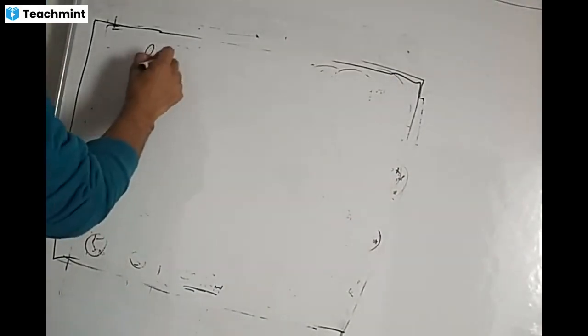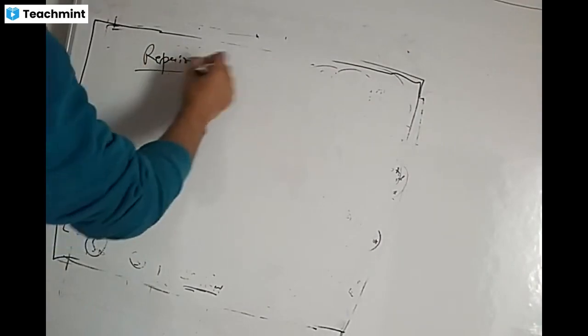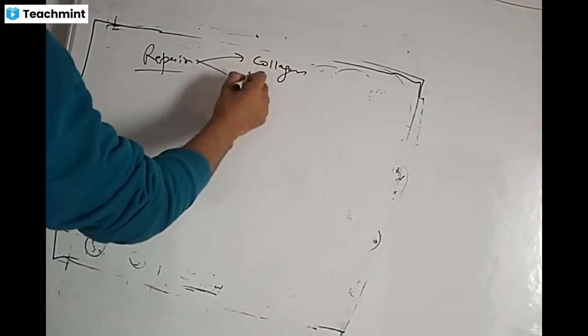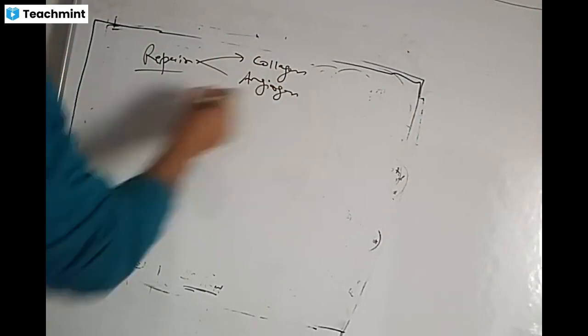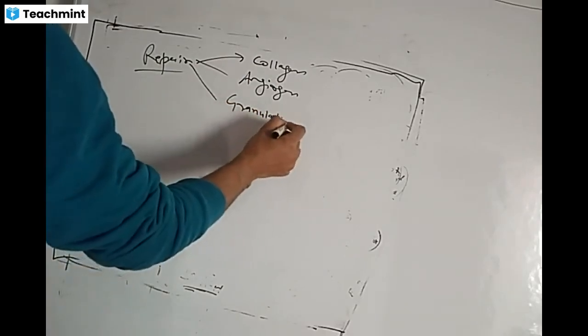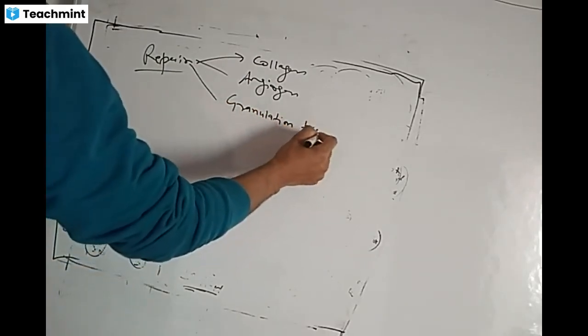So in the repair phase itself, the first was collagen synthesis, the second was angiogenesis, then the third is granulation tissue, the formation of granulation tissue.